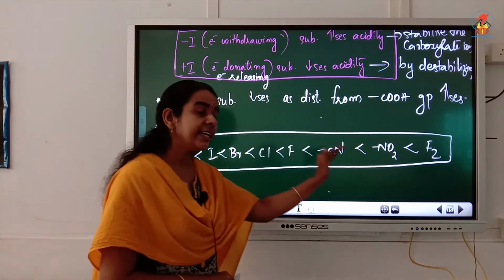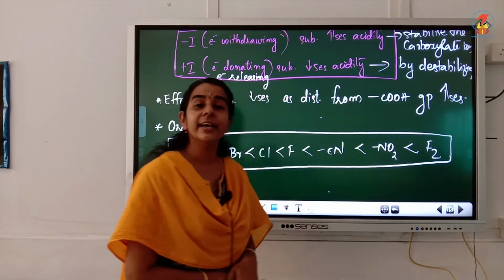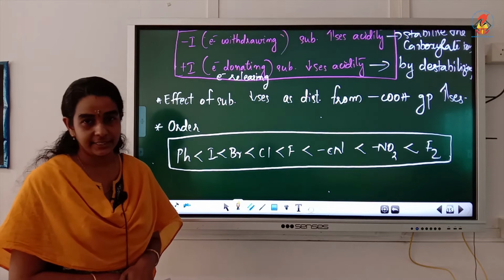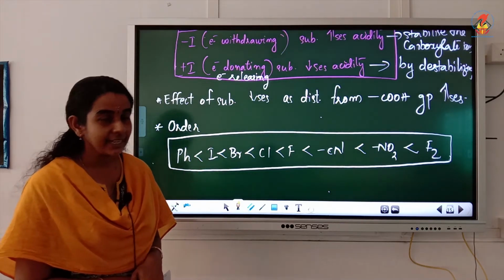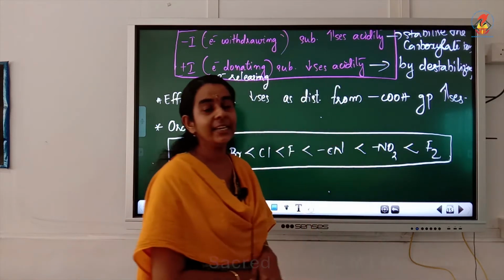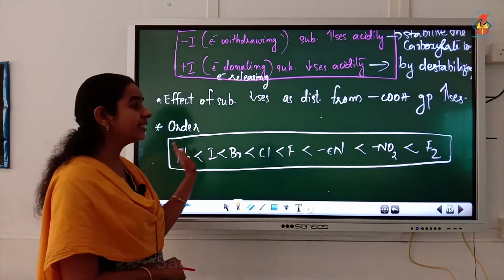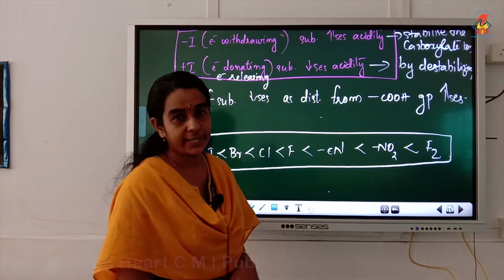If there is a nitro group, that acid will be more acidic than a halogen containing acid. And if more than one fluorine atom is present in an organic acid, that will be most acidic in nature. So, this is the order of acidity of different substituents.